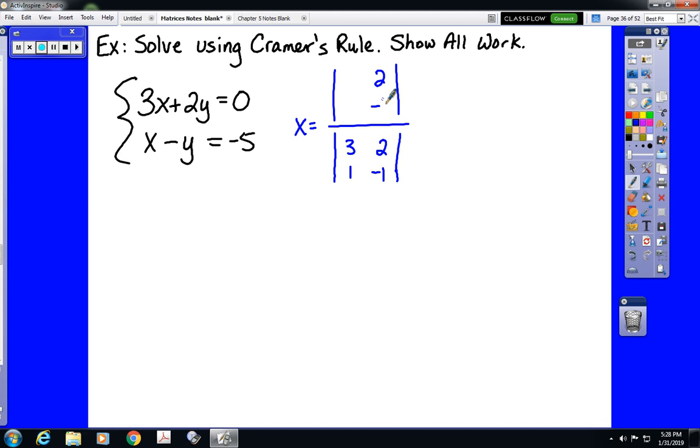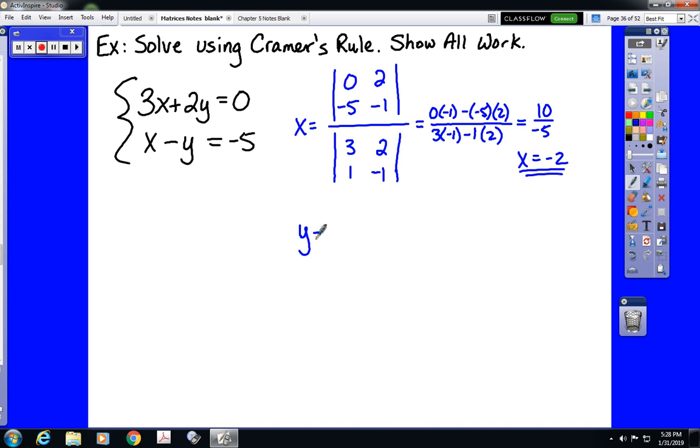On top, the y column is intact, but the x column is replaced with the answers. So that would be 0 times negative 1 minus negative 5 times 2 over 3 times negative 1 minus 1 times 2. So let's see here. That would be 10 divided by negative 5. So x is negative 2.